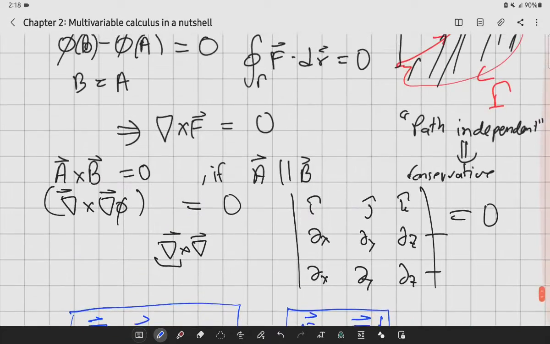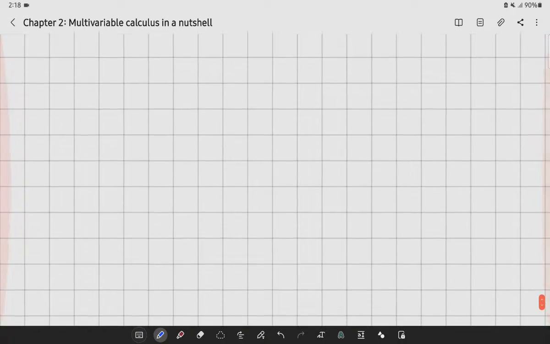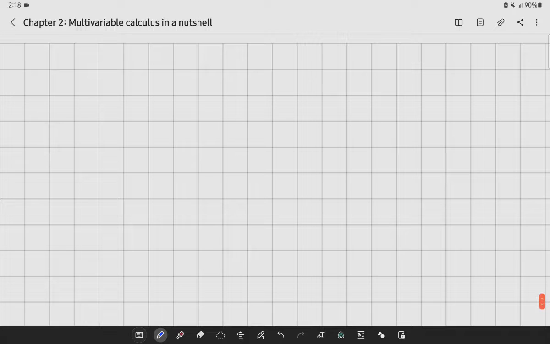Now let's look at this in action. I want to give you an example of checking whether a field is conservative or not. So for the first example, I'm given two different fields, f1 equals 2xz i plus y j plus x squared k.